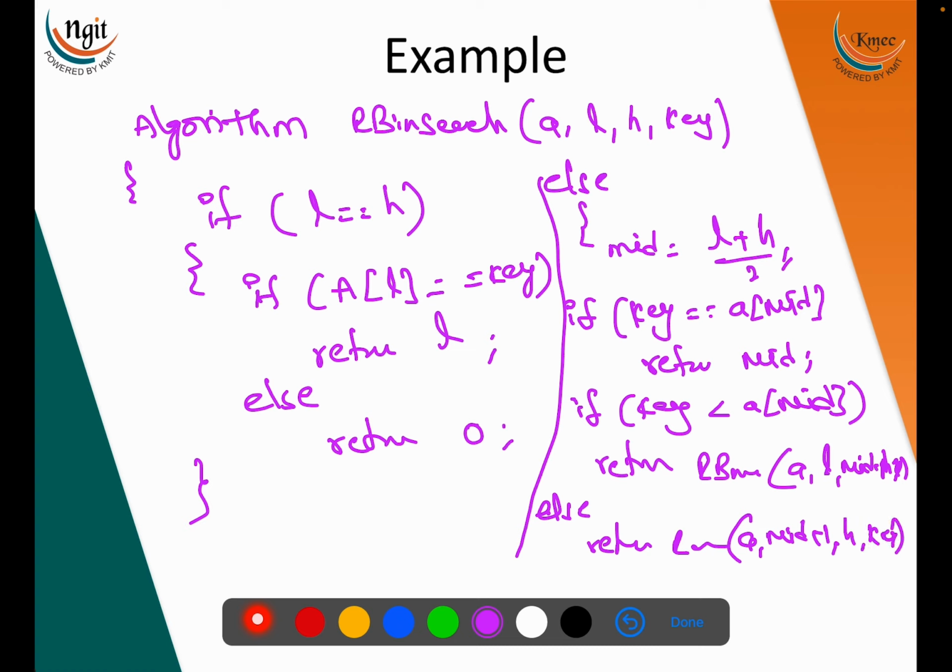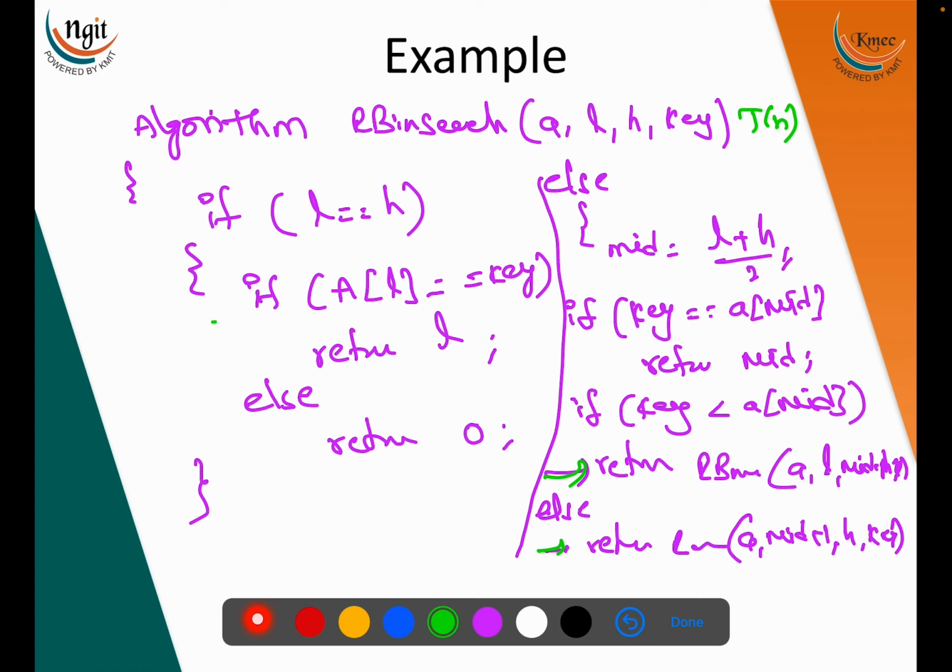This algorithm helps you understand that we will not call these two lists at a time. Either this will get called or this will get called. Let us suppose that the time complexity for this algorithm is T of n.